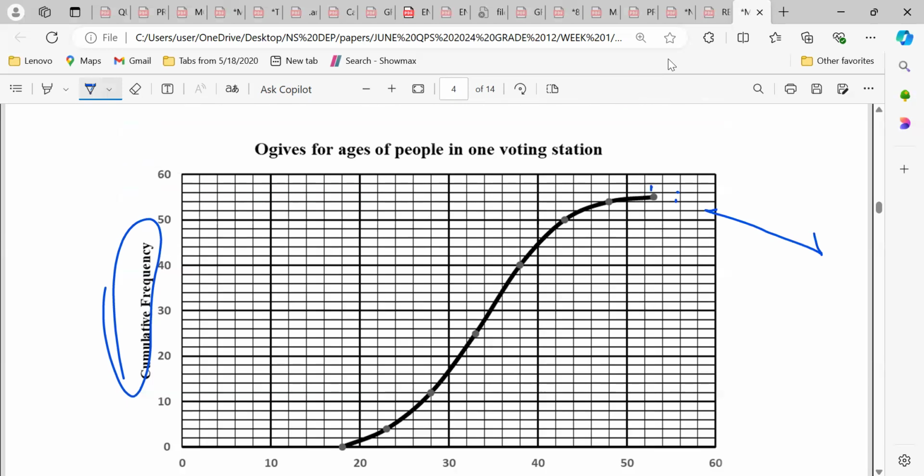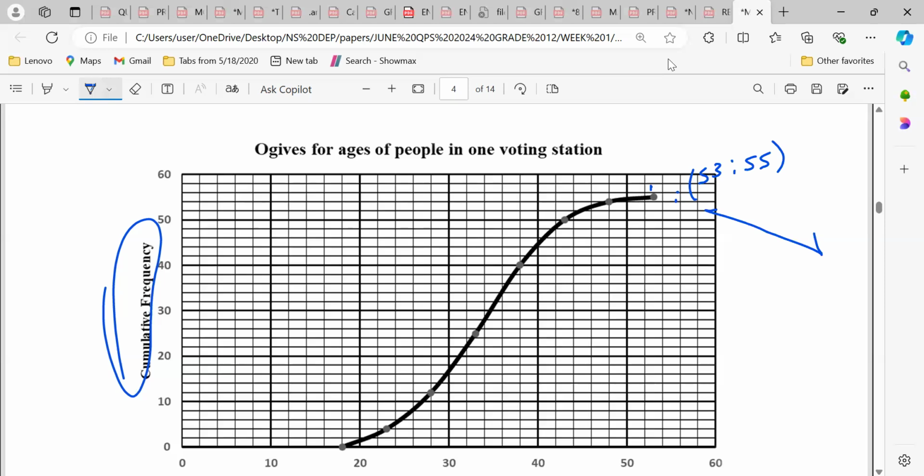Then it means we have a point here. If we look at x, x is 53. So x we have 53. And then what is our y? Our y is 55.